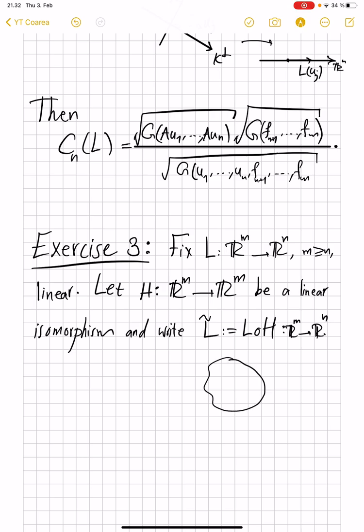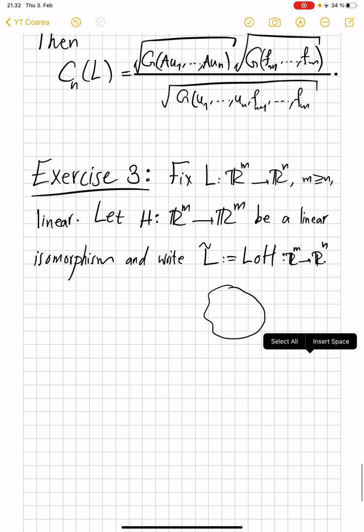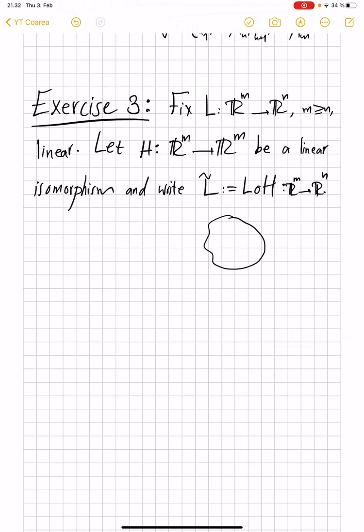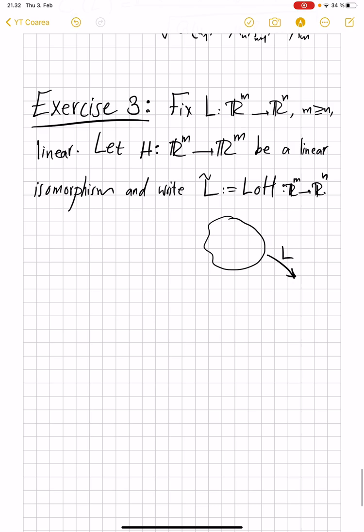This lemma, which I have not yet completed the statement of, will be needed in our proof of the Coarea formula. So here is Rm, here is L going into Rn, and here is this change of coordinate system. So here is another copy of Rm and H goes here, so their composition is L tilde.